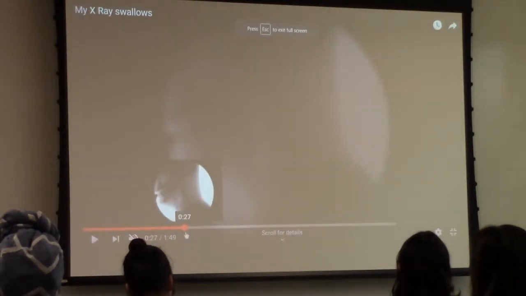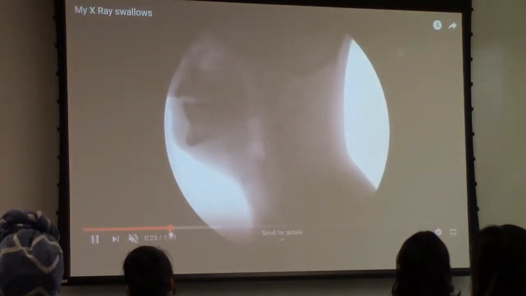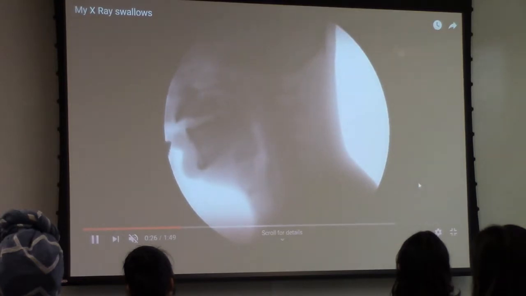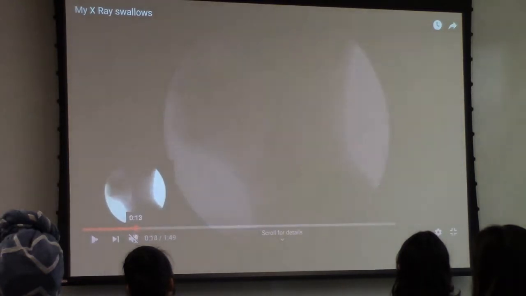Let's just do one of these side views in slightly slower motion.